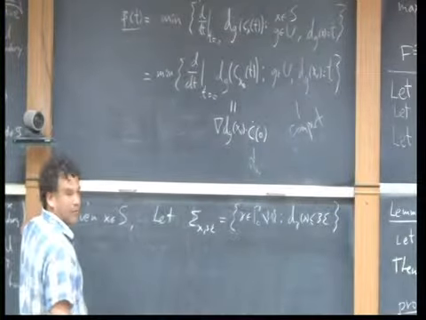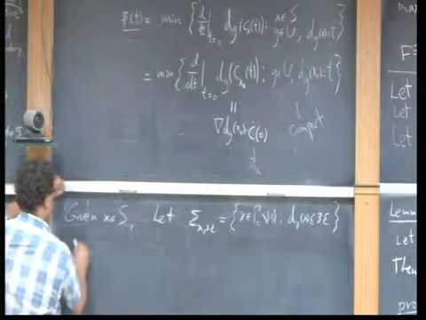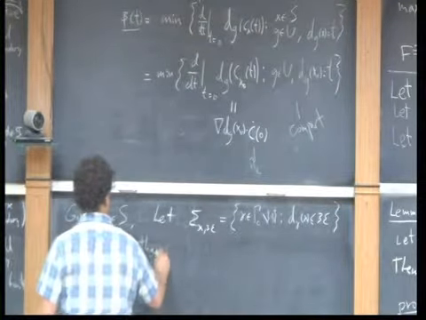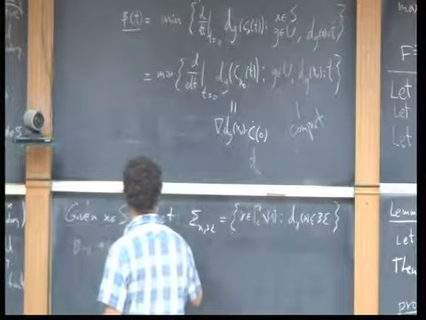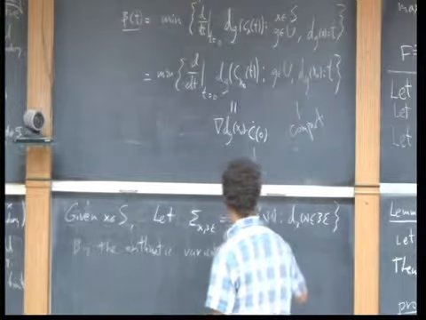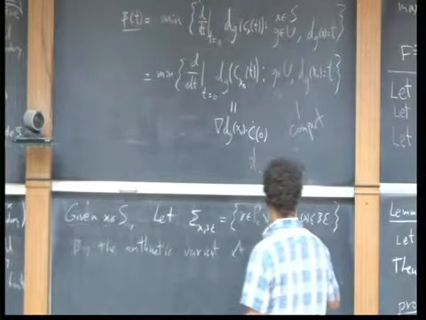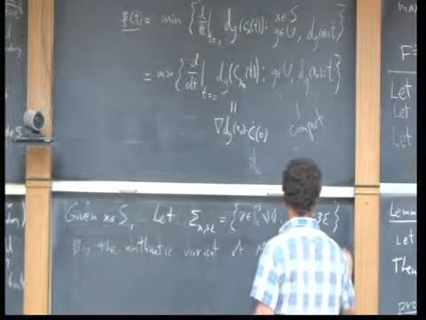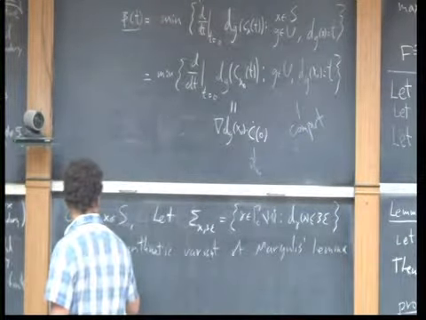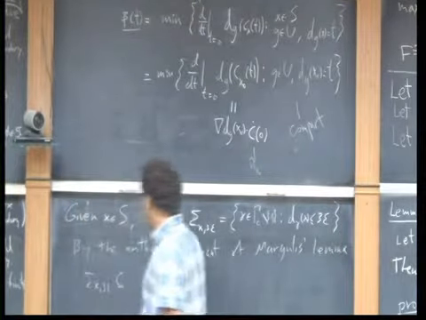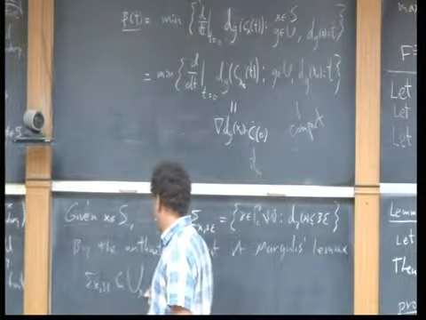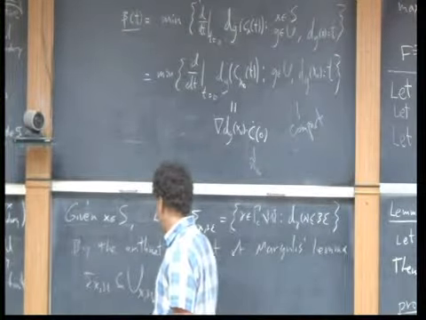So by the arithmetic version of the modulus lemma, sigma x 3 epsilon is contained in, let's call it u x 3 epsilon.